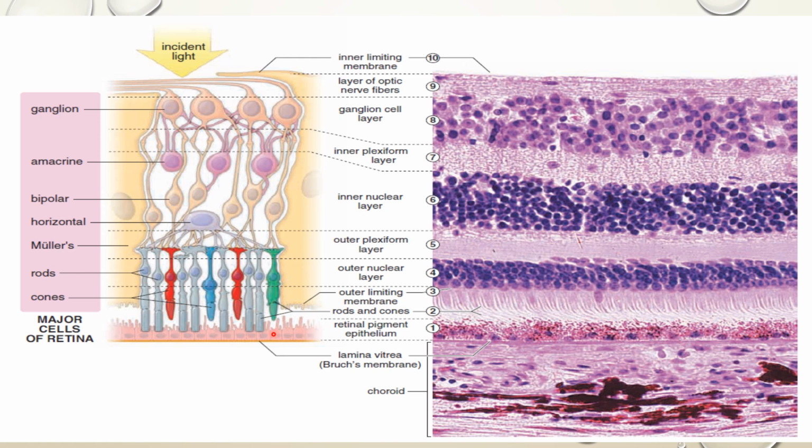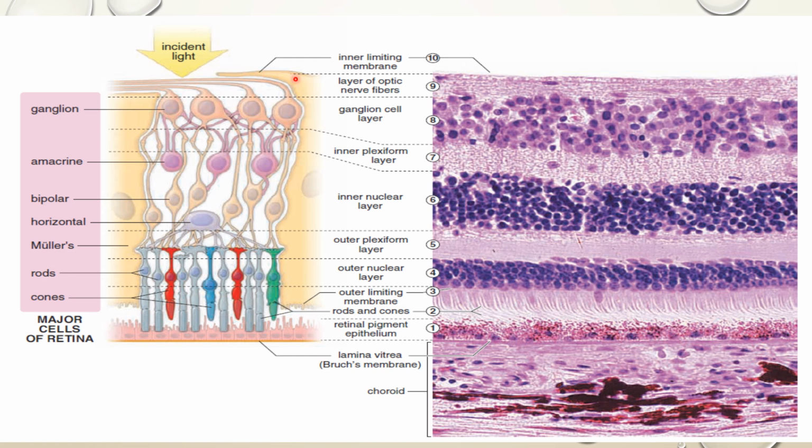This diagram shows the different types of the cells. This is a retinal pigmented epithelium, and these are the photoreceptor cells, rods and cones, and these are the bipolar cells, and these are the horizontal cells and amacrine cells, and these are the ganglion cells.